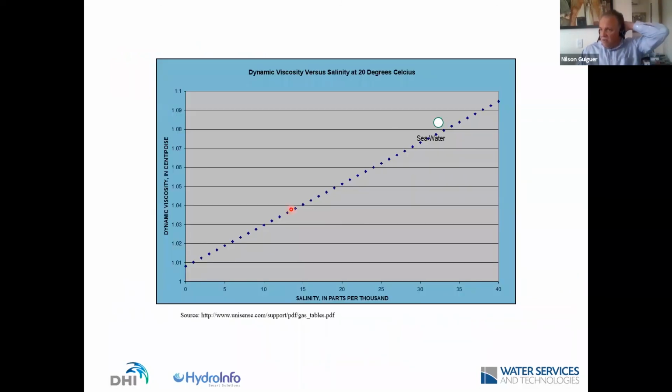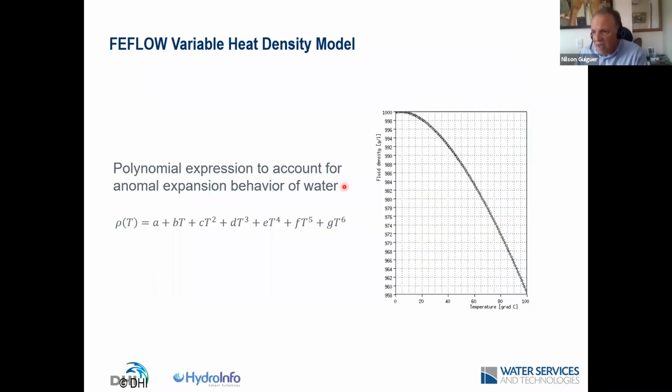It also changes the viscosity. So you can add that the viscosity of seawater is higher than the viscosity of fresh water. It can be linear, but it can also be non-linear. For example, for lithium, maybe the concentration is so high that this linearity doesn't keep growing forever. It has a more exponential shape. It can also calculate heat, so the density can change according to the temperature as well.